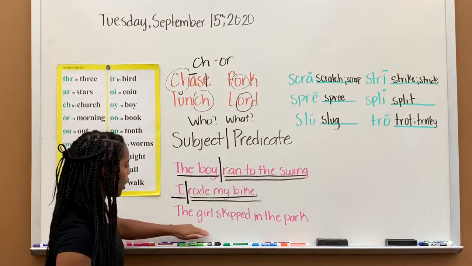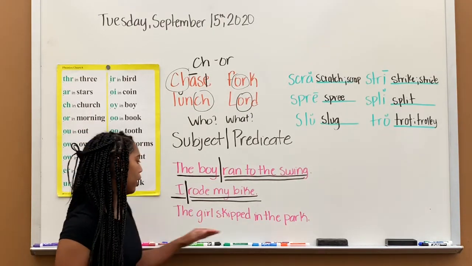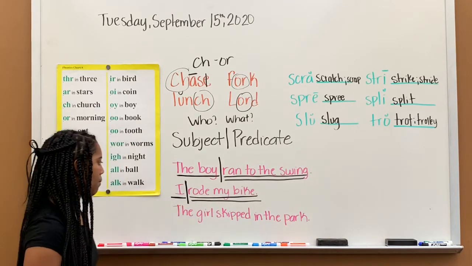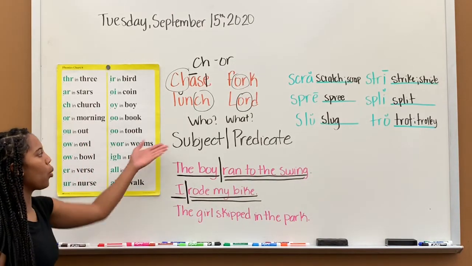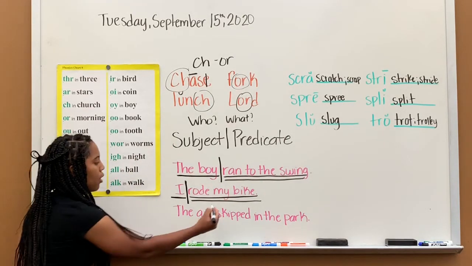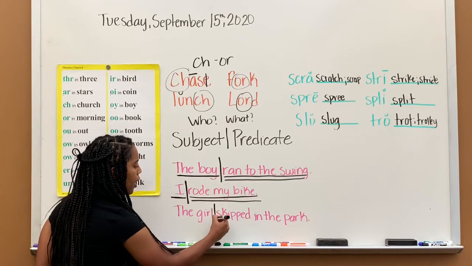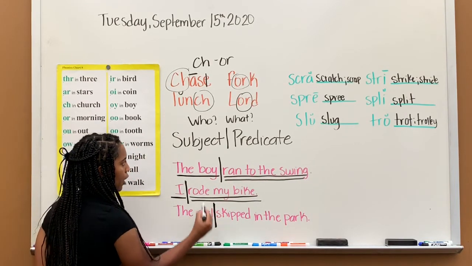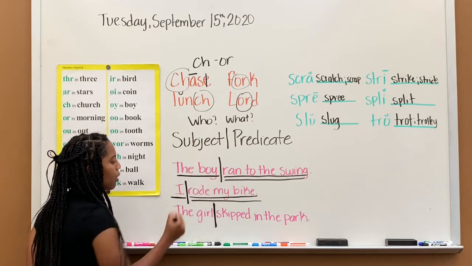Next I have the girl skipped in the park. Let's identify, where is my subject? Who is the sentence about? The girl. So then I split it here. I'm showing that that's my subject. Subject is the girl. That's who this sentence is about.